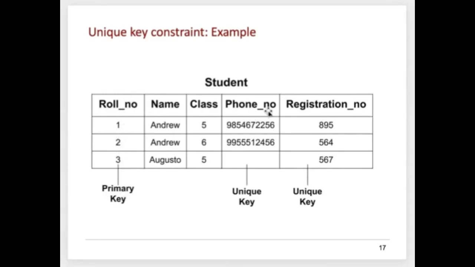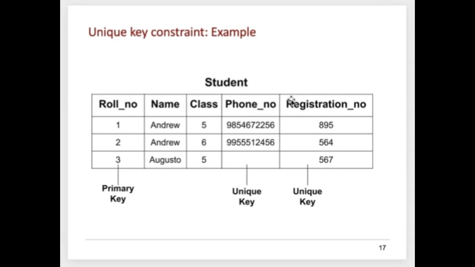Phone number, will this column ever be repeated? Can two persons have the same phone number? In this age, no. In the past, yes. In this age, we want everybody to have a different phone number. So we know that these numbers will never be repeated, so we declare it a unique key. Similarly, the registration number of any two students will never be the same.